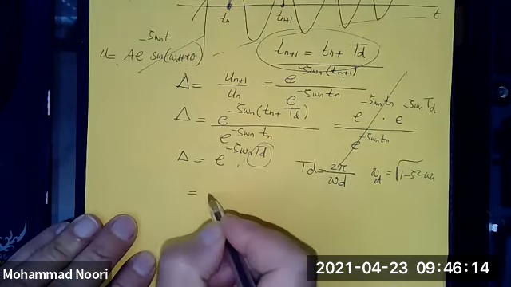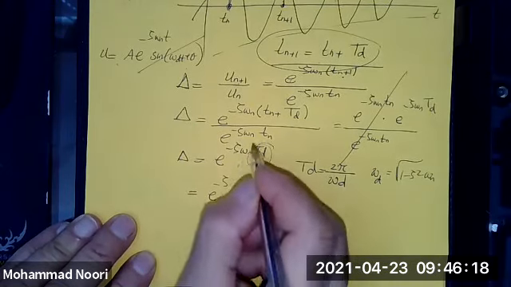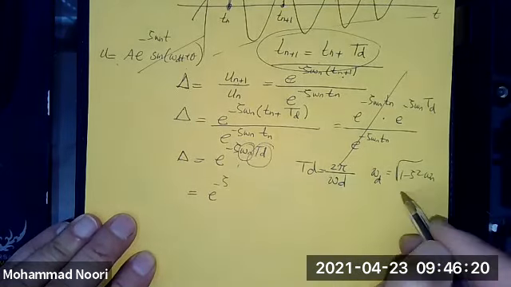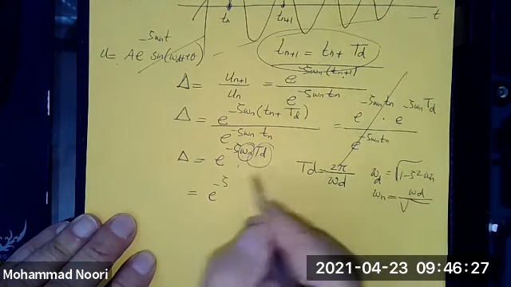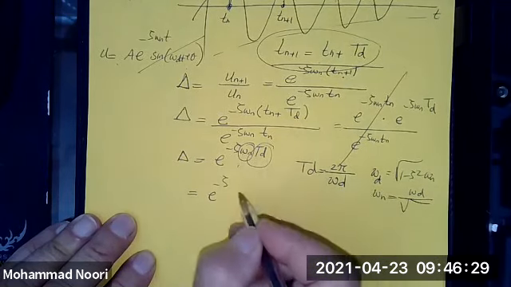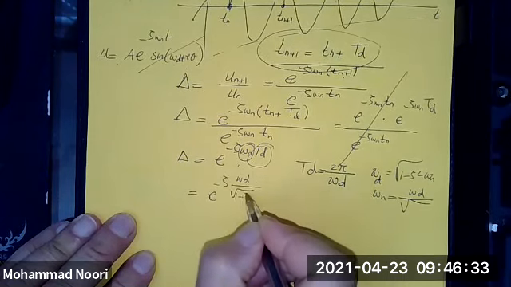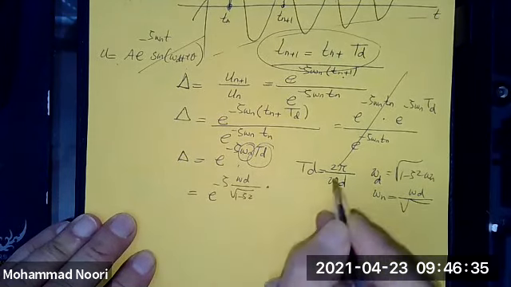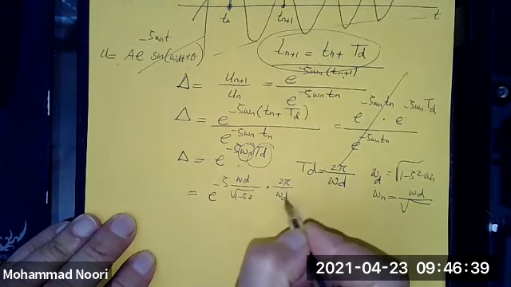So I get e to the minus zeta times omega n, which from here, omega n is omega d over this radical, right? So I substitute for that in here. So omega d divided by the square root of 1 minus zeta squared times Td, which is 2 pi over omega d.